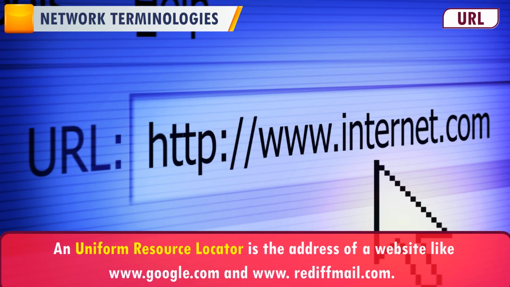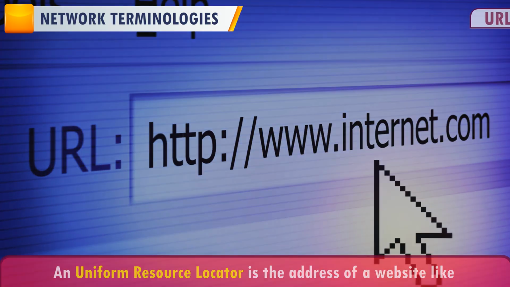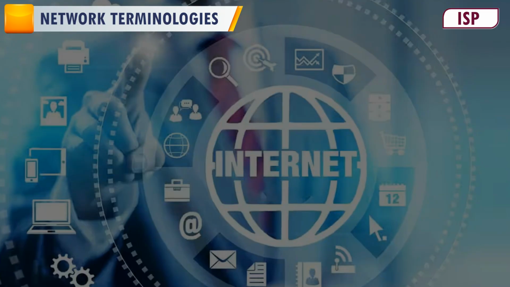URL. A uniform resource locator is the address of a website like www.google.com and www.rediffmail.com. ISP.